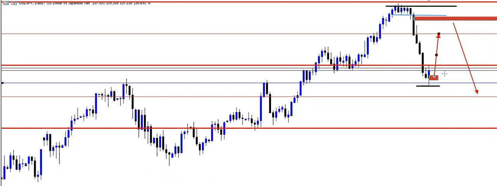So what we'll be looking for is some kind of deep retracement. I have some resistance level around 142.200. If price can reach here and then form some kind of lower high, then from here we'll start looking for bearish continuation to the downside.